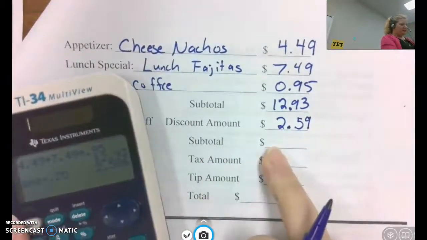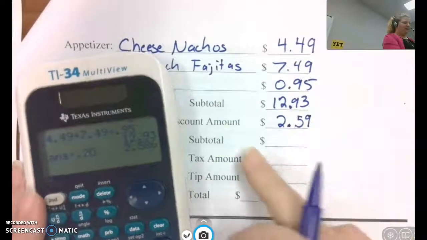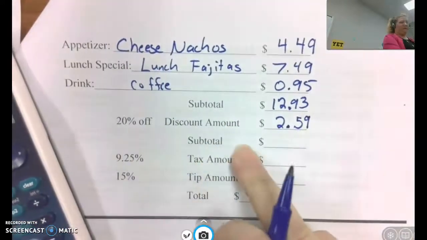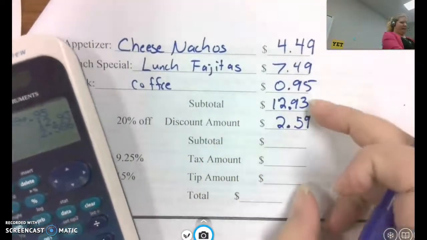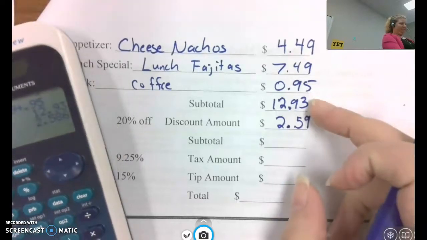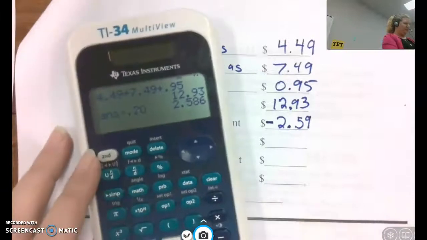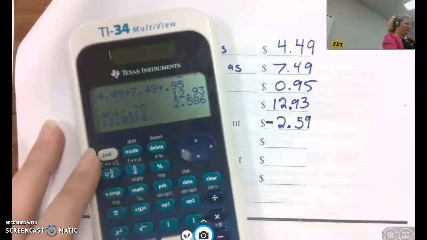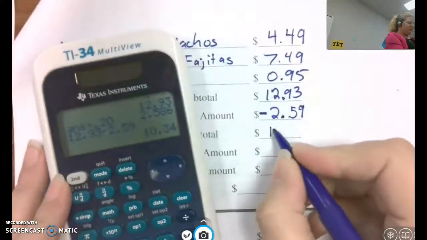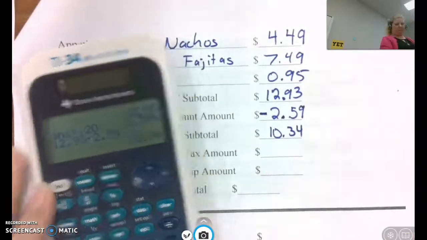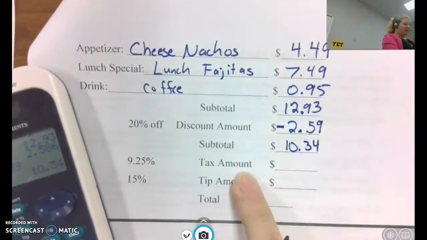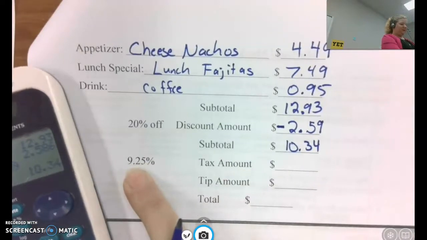So this is my new subtotal, because I'm going to subtract the discount amount. $12.93 minus $2.59, so now I'm at $10.34. My tax amount is going to be 9.25%.